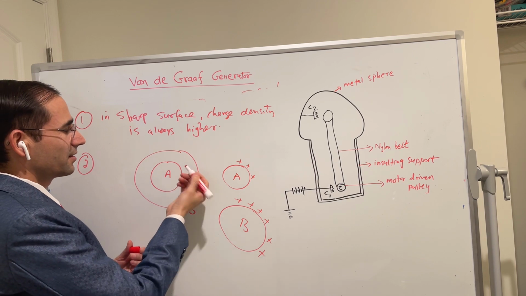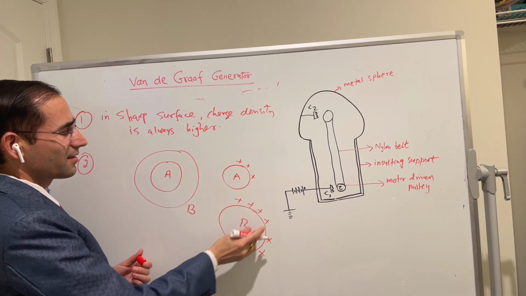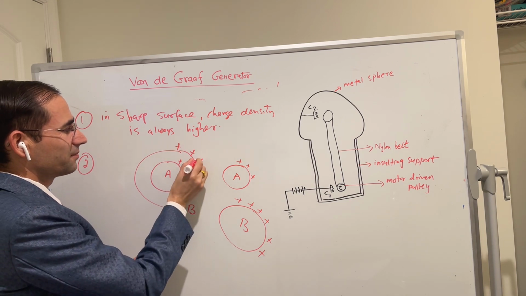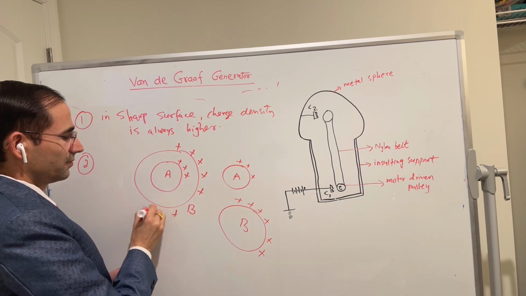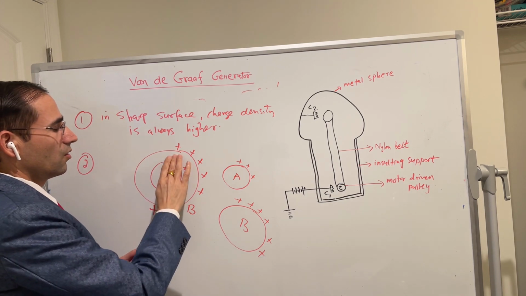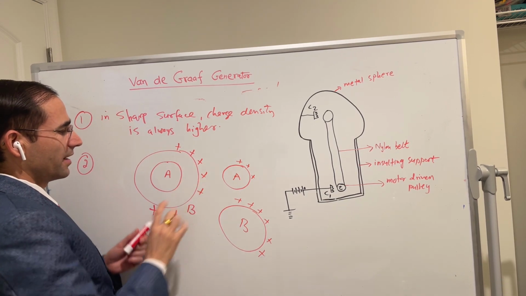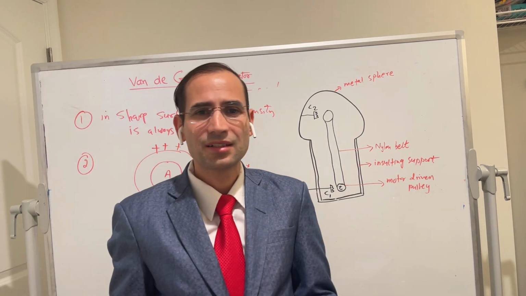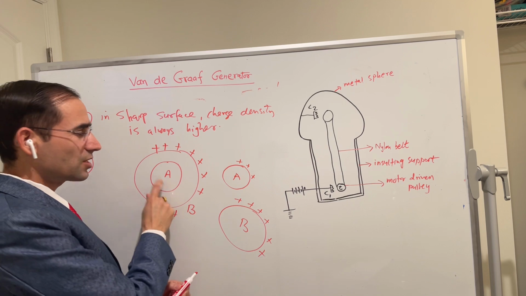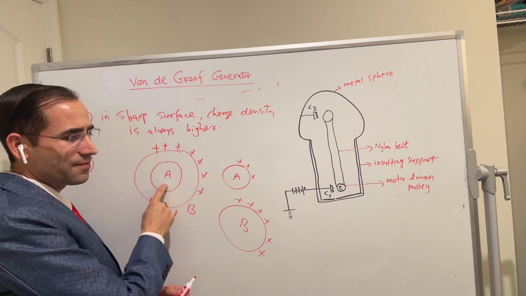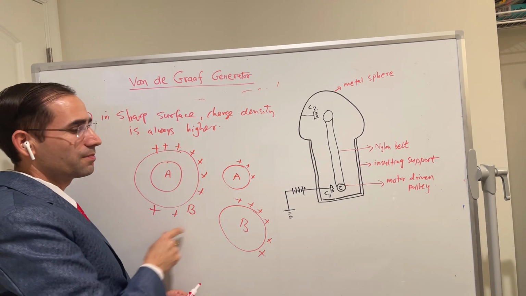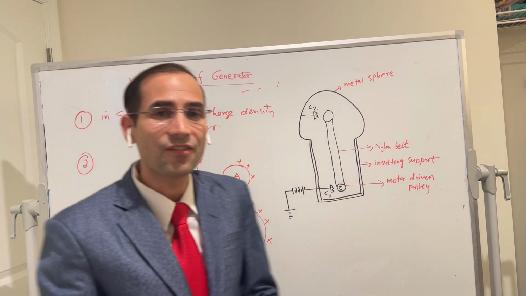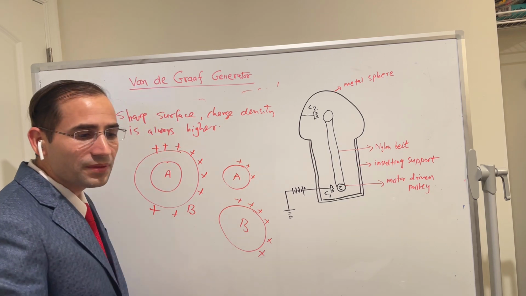Then what happens is these positive charges go outside the spherical cell. So inside there is no charge. This is the inside of the cell, there are no charges, and outside is positively charged. All of the free charges go outside the sphere.